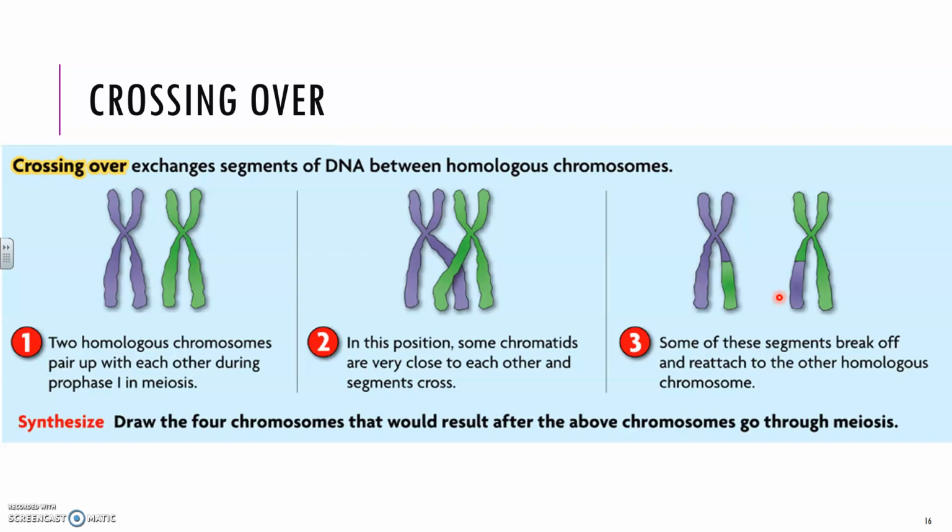So this process again is really strange, and what you'll note is that you have two sister chromatids on each chromosome, but they don't always both have to go through crossing over. Sometimes just one of the chromatids on the chromosome will undergo crossing over with another chromatid on the other homologous chromosome. So this chromatid on the left side of the purple one doesn't have to undergo crossing over with the green one on the right.